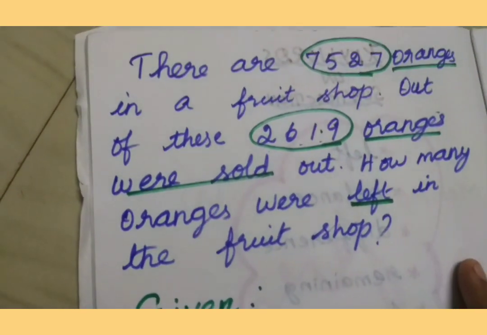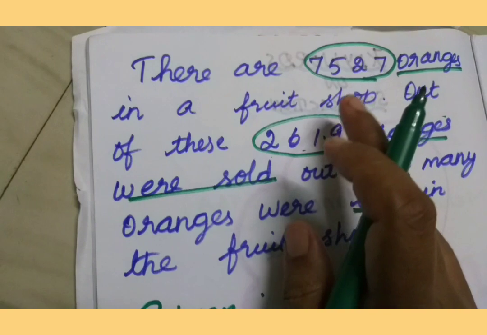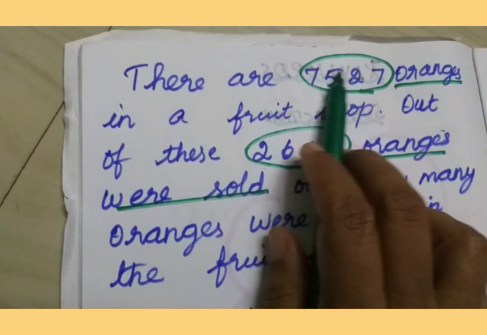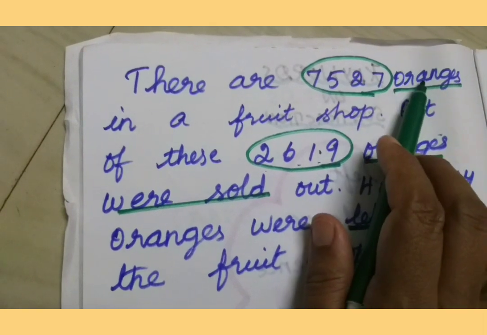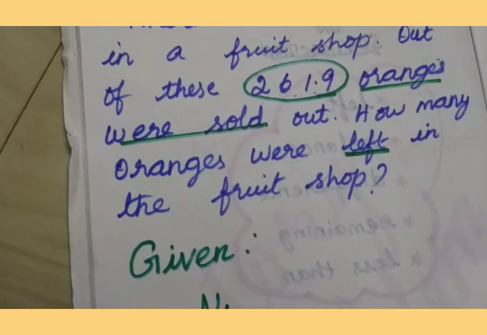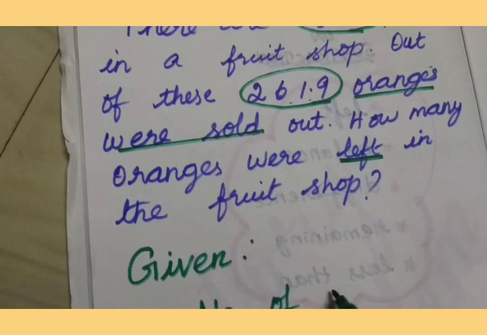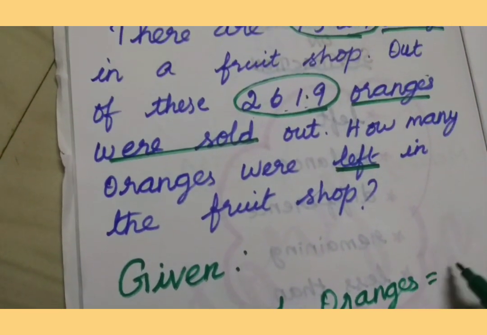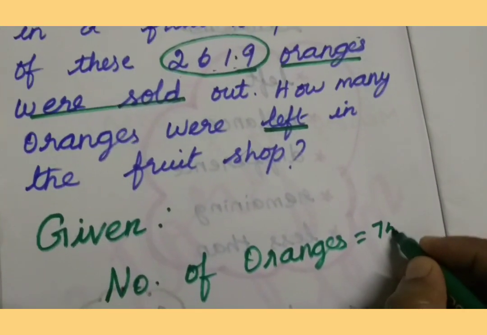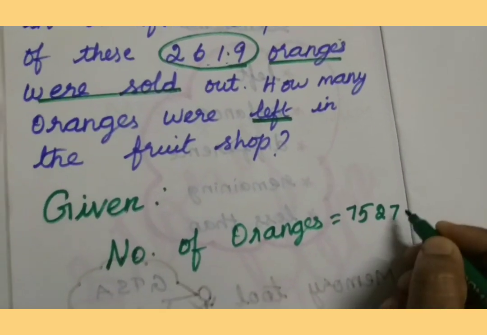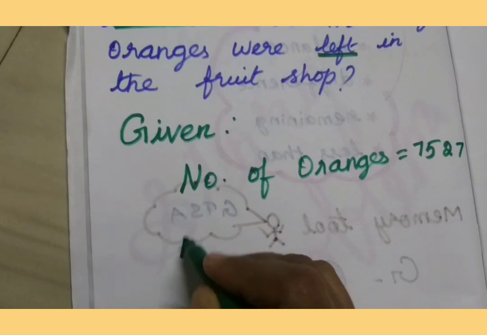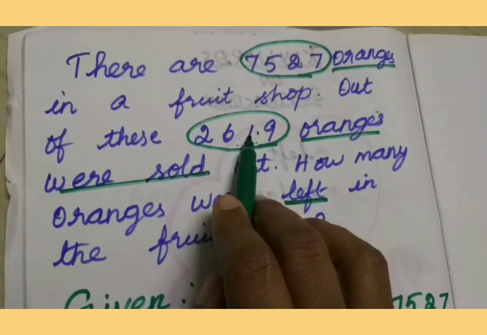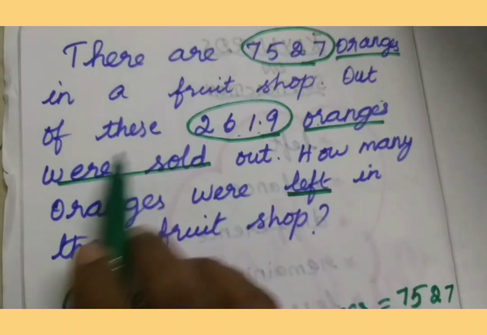And the next, the first heading is given. What is given? Where you find the numbers, you have to choose that. The first number is here, and the word is oranges. So you should write the number of oranges equal to 7,527. And the next number is here. The nearest words are oranges were sold out.